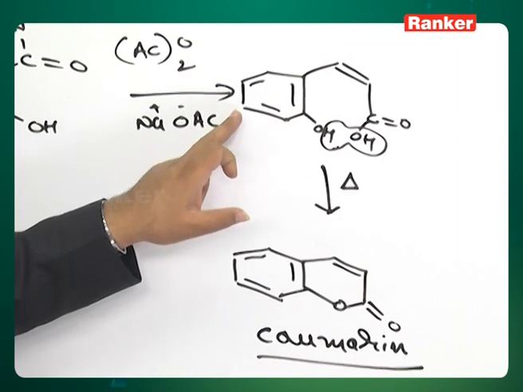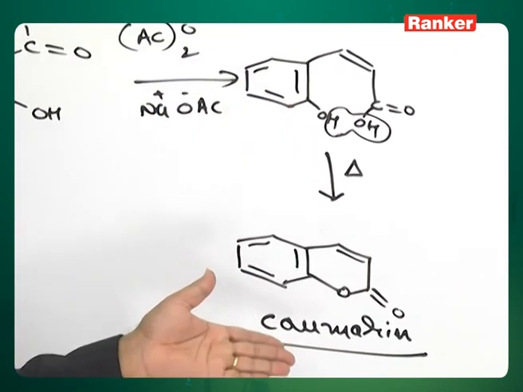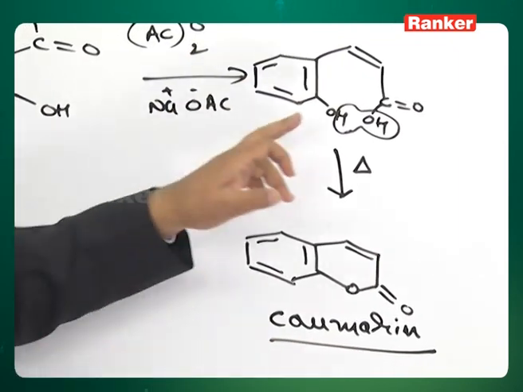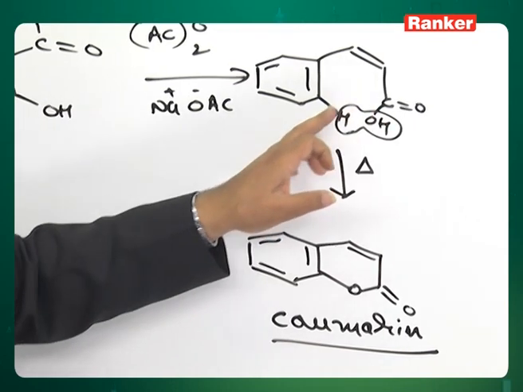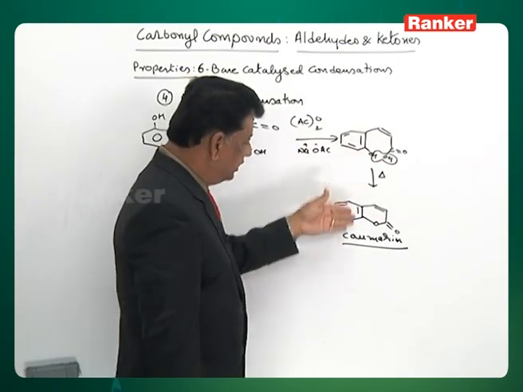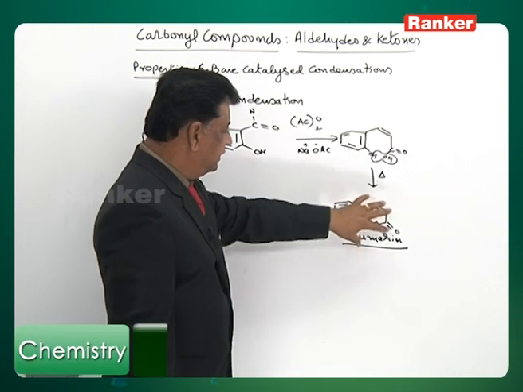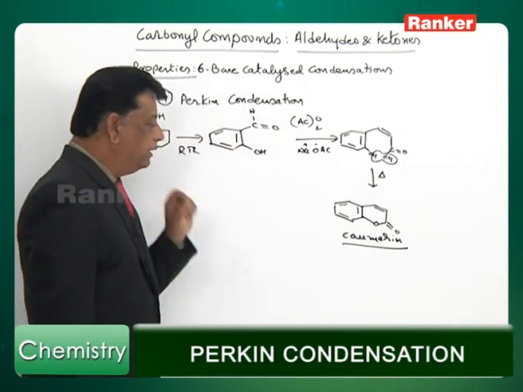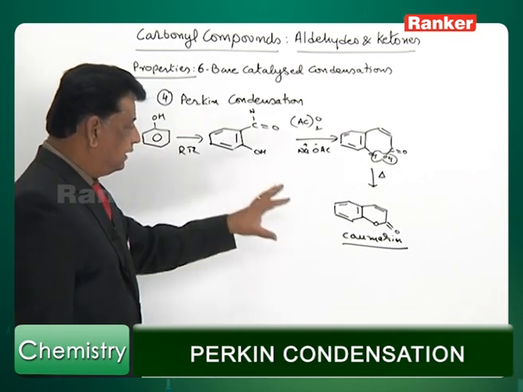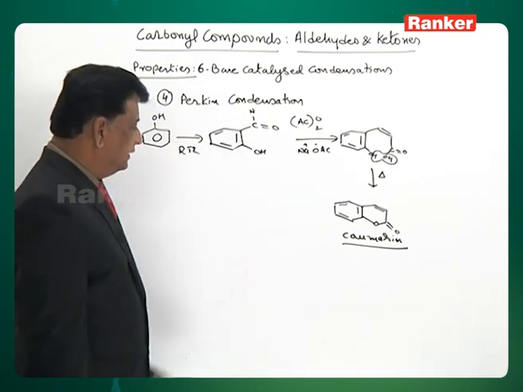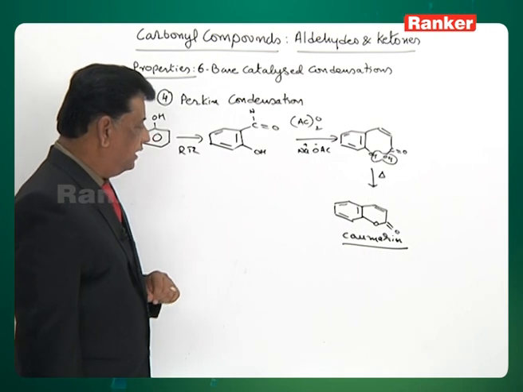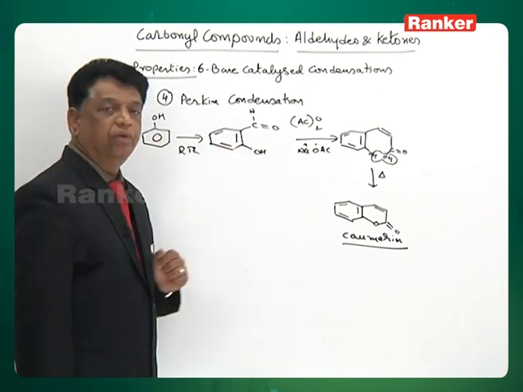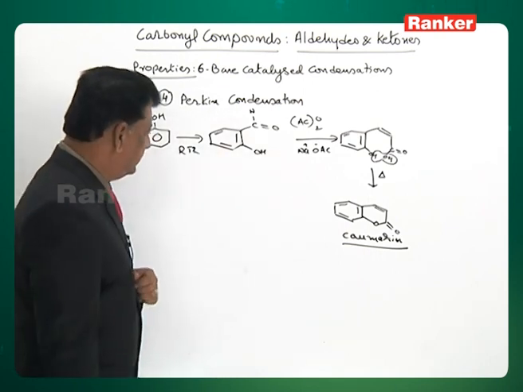If OH is at para, this type of elimination will not take place. But because of the two groups side by side, elimination of water takes place, and a bicyclo compound is formed with a lactone and a benzene ring together, and it has some synthetic advantages, and the properties are identified. Therefore, the reaction is also somewhat interesting.